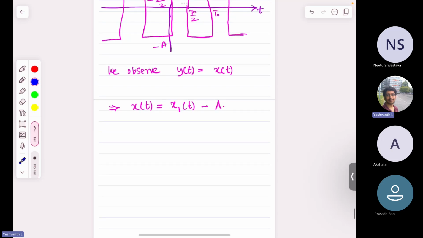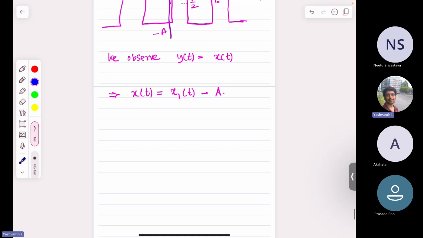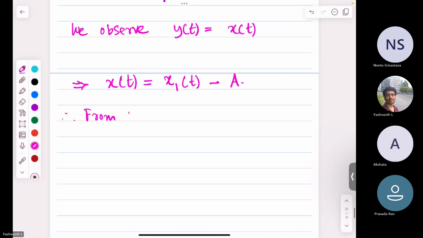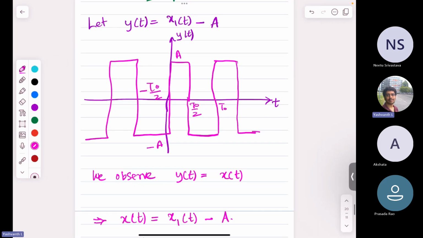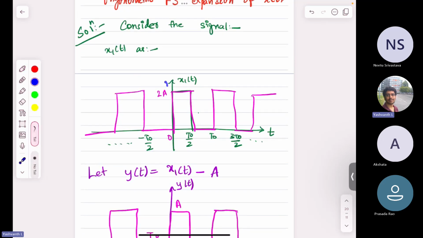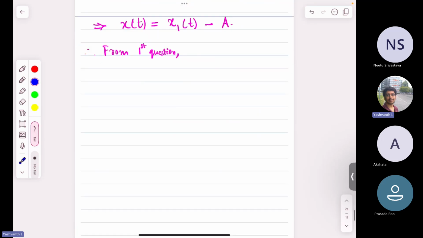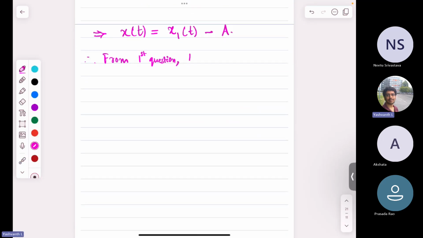Let me now write it down. Therefore, from the first question, for x1 of t, your a is replaced by 2a. So from the first question, replace a by 2a.